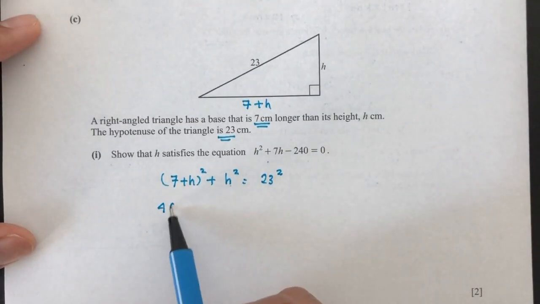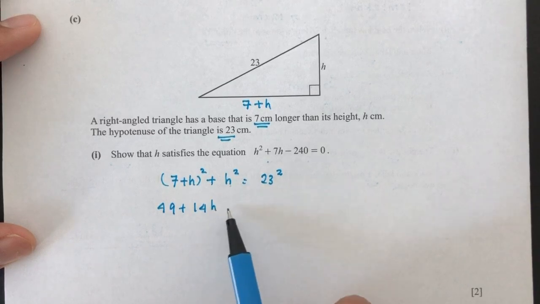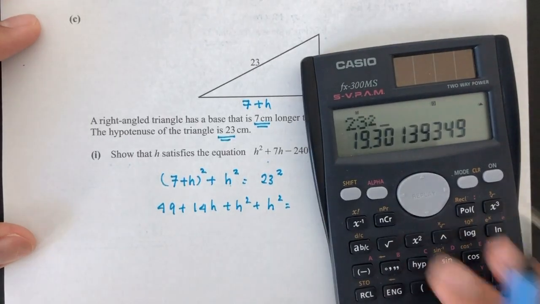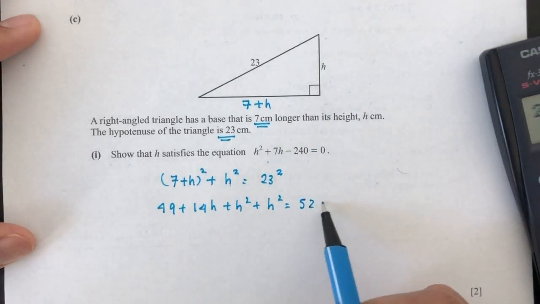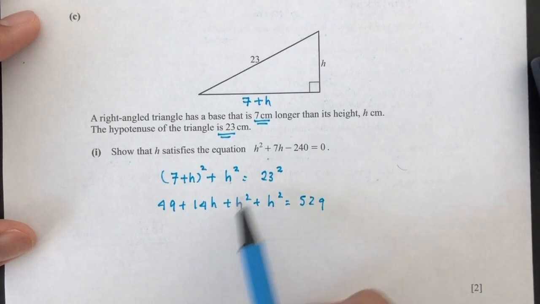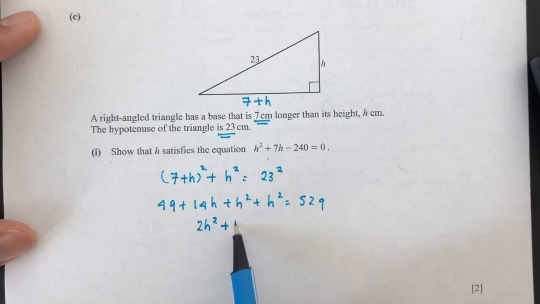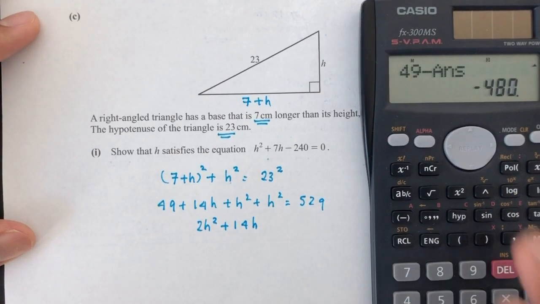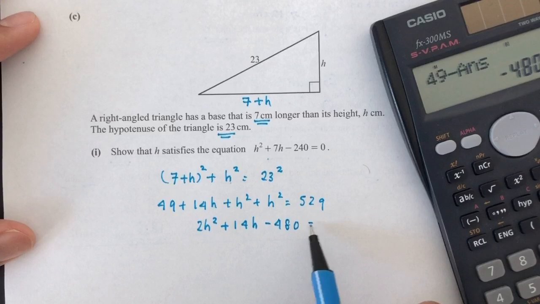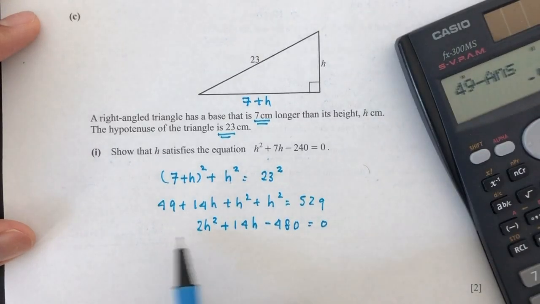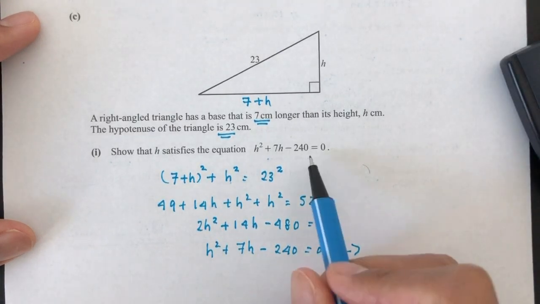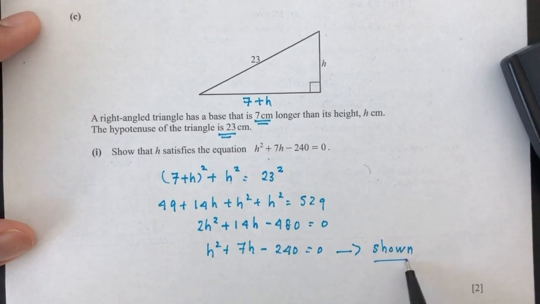Expand this one, it becomes 49 plus 14h plus h squared plus h squared equals 529. So simplify, that will be 2h squared plus 14h minus 480 equals 0. Since every number is even, we can divide everything by 2. You will have h squared plus 7h minus 240 equals 0. So this is the same as the required equation, shown as required.